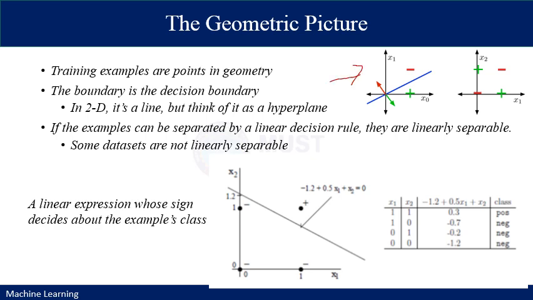As you can see in the first example, we can separate the positive and the negative examples with the blue line. However, some datasets are not linearly separable. If you take the second example, it is very difficult or even impossible to use a straight line to separate positive and negative examples, and you can use some kind of method or model to separate them.